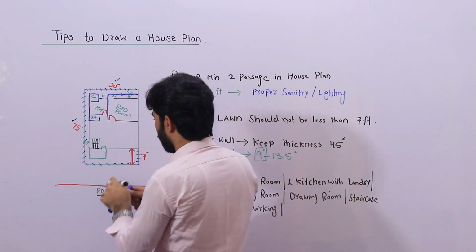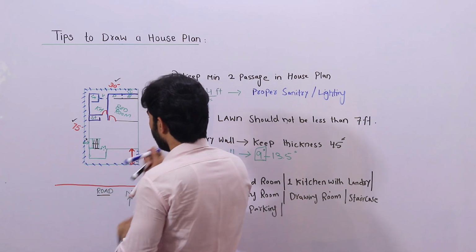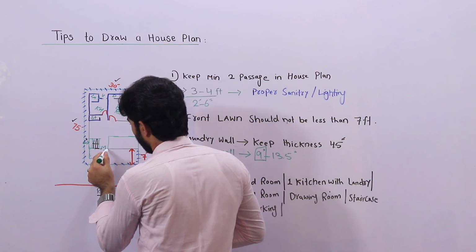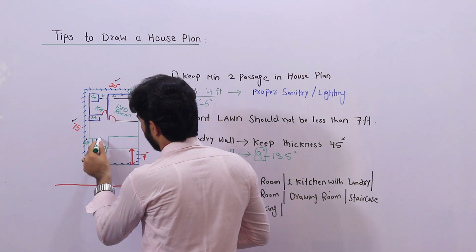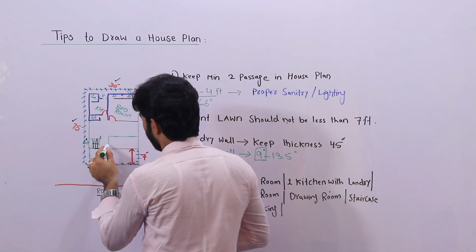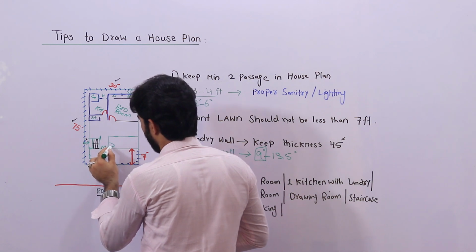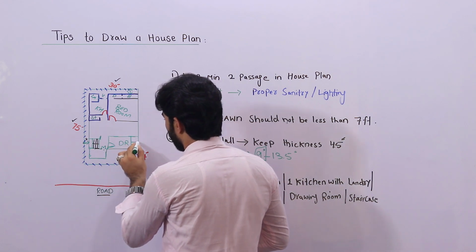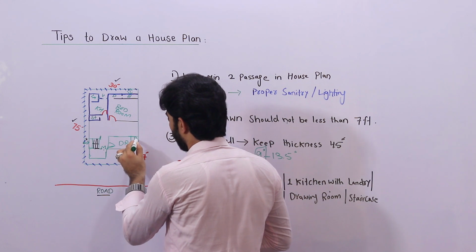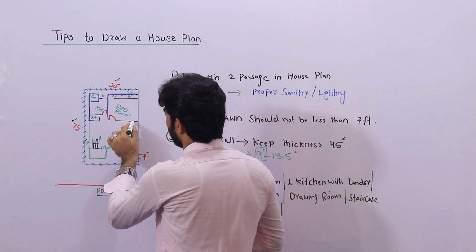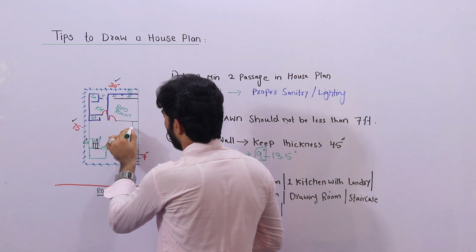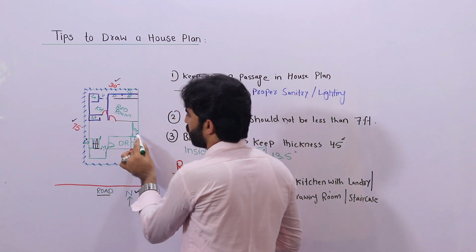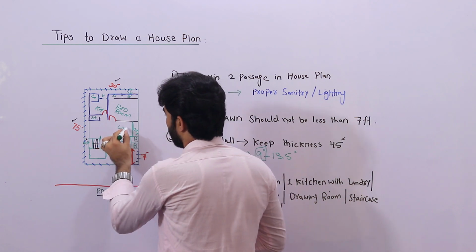Sorry, not living room. You can see here, this is the door for this drawing room, and this is at back side. So this is its dress, and this is its bath. Okay, and here guys you can see again we have here opens to sky. Okay, OTS, this is open to sky, and this is its living room.